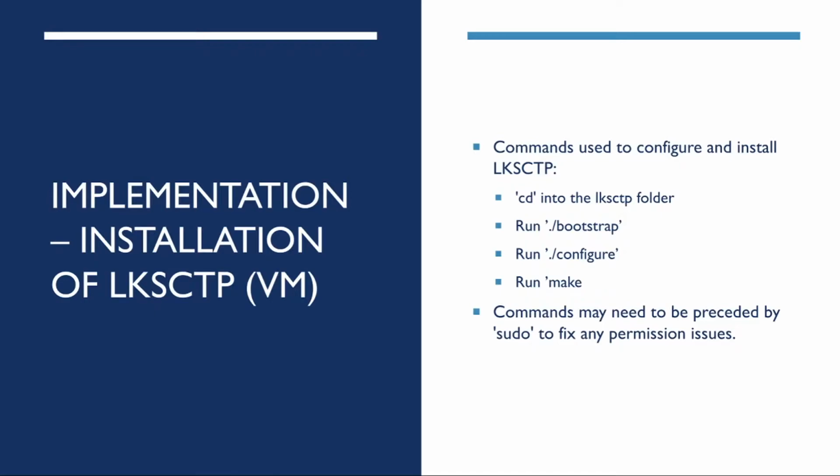The commands used were: cd into the module folder, run bootstrap, run configure, and then run make. The commands may need to be preceded by sudo to fix any permissions issues, which I did have. I ran into an error when I was trying to install the module, so just run sudo before that and it works.